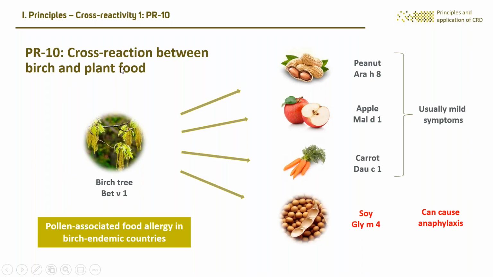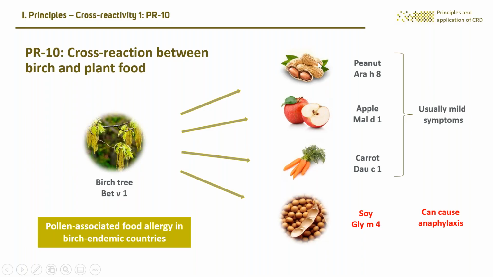These allergen molecules, PR10 allergens, do not just convey cross-reactivity between pollen from different trees, but can also lead to cross-reactivity with different plant food items from different fruits like apple or vegetables like carrot, but also from legumes like peanut or from soy.